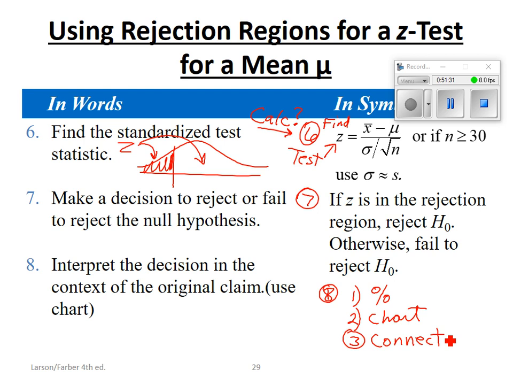So those 8 steps are what we're going to be doing for the rest of the year on all this stuff. It's going to change a little bit just because we're not always going to be doing mean and all that stuff. We may be doing proportions, we may be doing standard deviation, whatever.